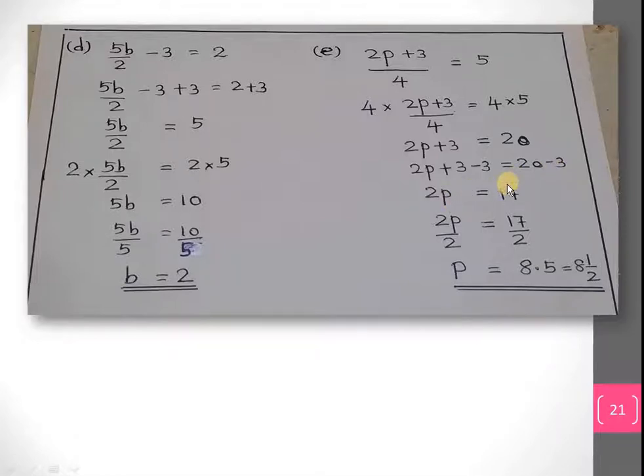Then the remaining term on the left side is 2p because this can be cancelled. 20 minus 3 is 17. Now how do you find the value of p? We have to remove this 2 by doing the inverse mathematical operation, so dividing both sides by 2. Then 17 can't be divided by 2 without a remainder. So p equals 8.5 as a decimal value, or we can write this as a mixed number, 8 1/2.